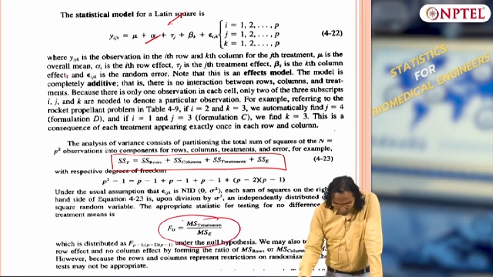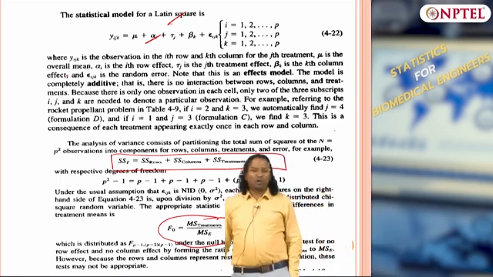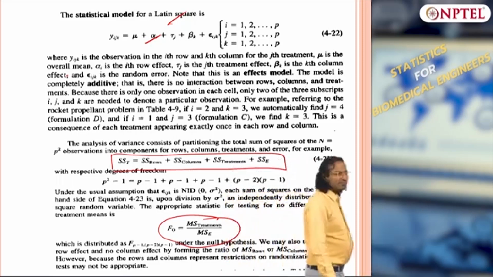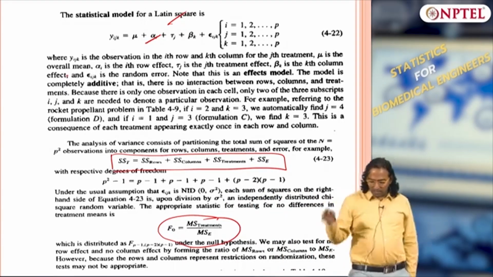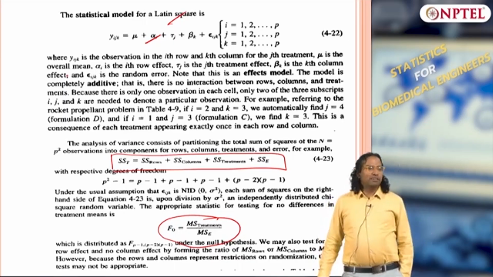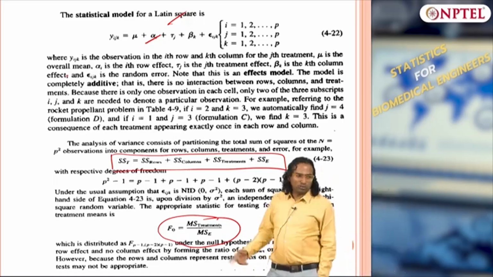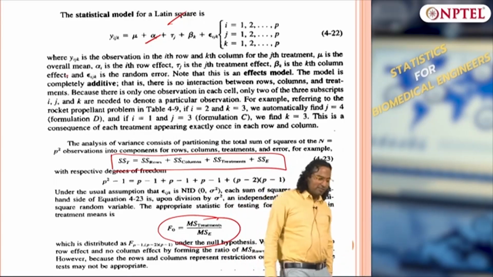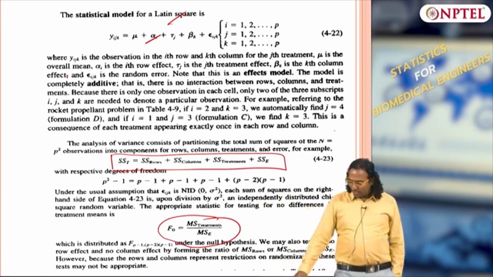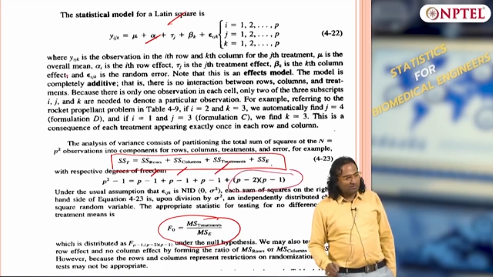Now again, total degrees of freedom is how much? Total, the grand sum. If the square design is 5, the total data points is 5 squared, 25, minus 1 for the grand mean mu. So you have 24 degrees of freedom. You can split it into p minus 1 plus p minus 1 plus p minus 1 for rows, columns and treatments, and this naturally falls out.